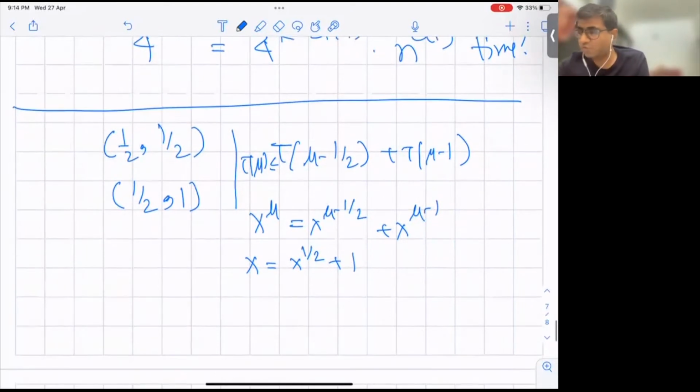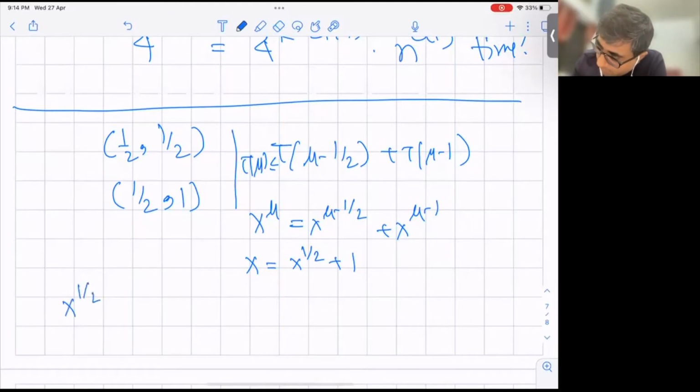If I divide by x to the power mu minus 1 everywhere, this is x to the half plus 1. If I put x to the half equal to y, then y squared equals y plus 1.